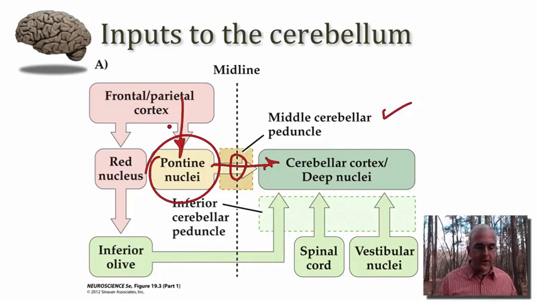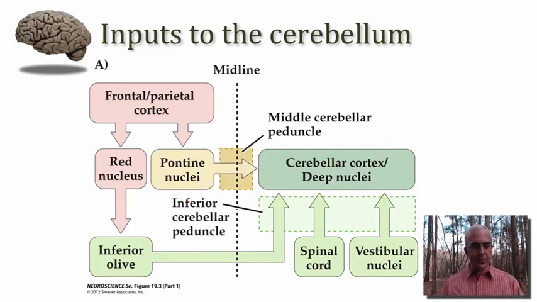Well, this is how this happens. Through input from the cortex to the pontine nuclei that are at the base of the pons, there's a synaptic connection and then a relay from the base of the pons into the contralateral cerebellum. And notice that the input is being distributed both to the cortex of the cerebellum as well as to its deep nuclei. Well, that's one massive and very important source of input to the cerebellum.